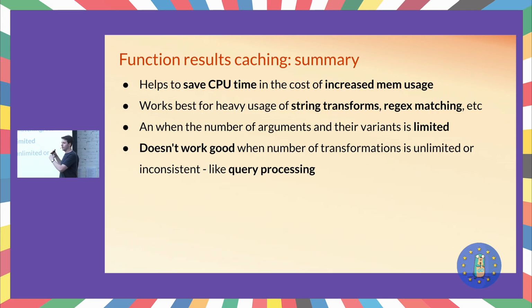So it works really well when parsing labels, but it doesn't work well for query processing, for example, because, again, queries are unpredictable. A user can request two completely different data sets at one time, and if you cache them, you will get no benefits. You will only spend extra resources on it.